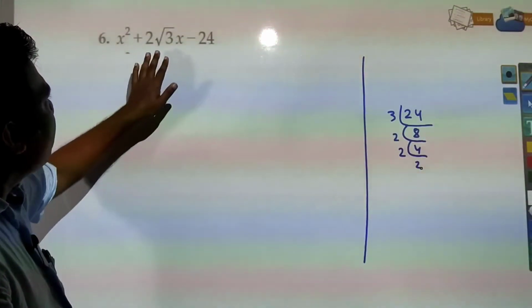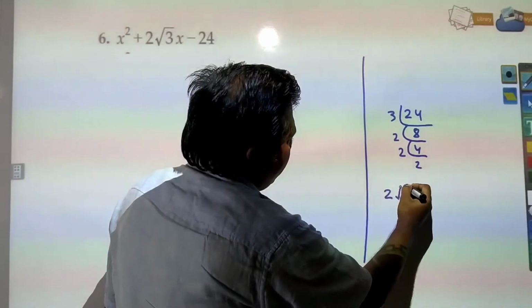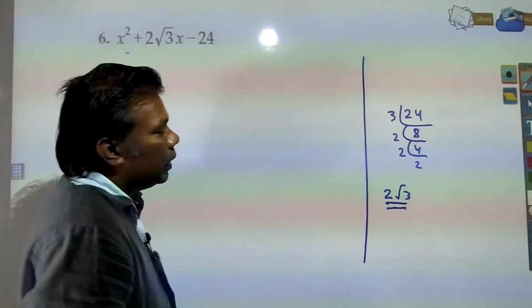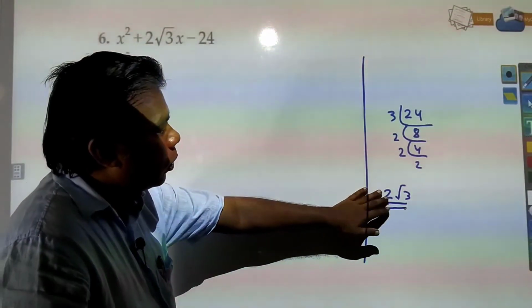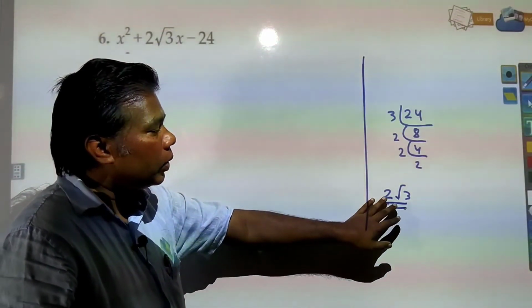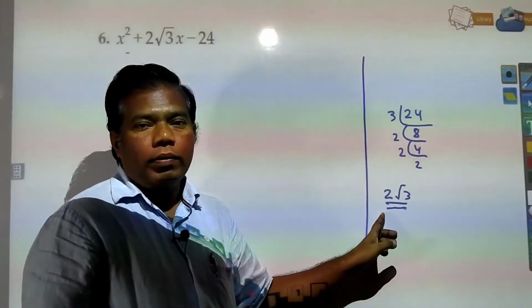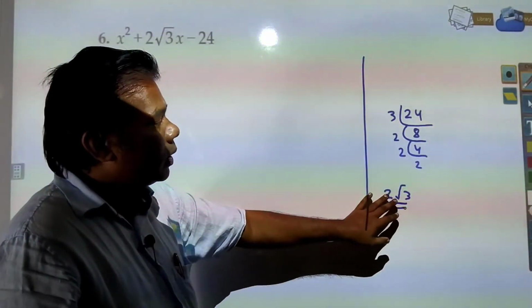Now you have this 2 root 3. This 2 root 3 is required to be split in such a way that if you add or subtract you get 2 root 3, but if you multiply you get 24. So how will we know how to split this?